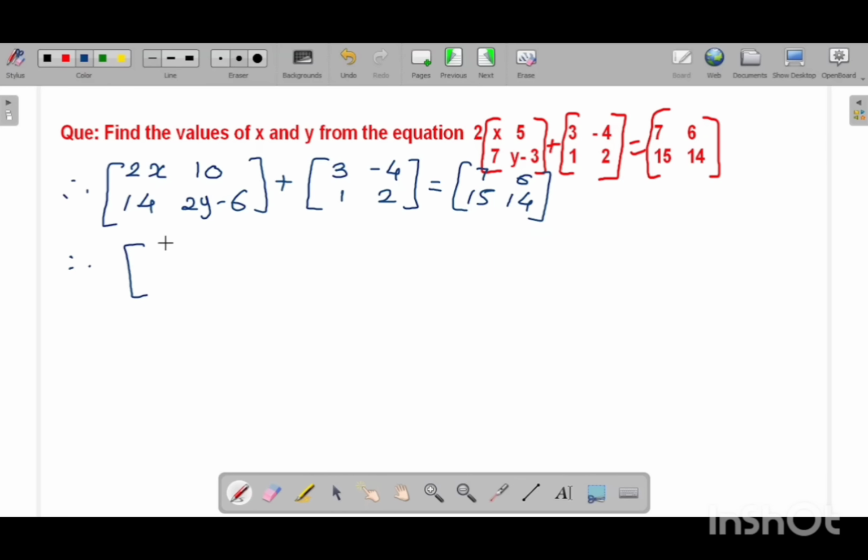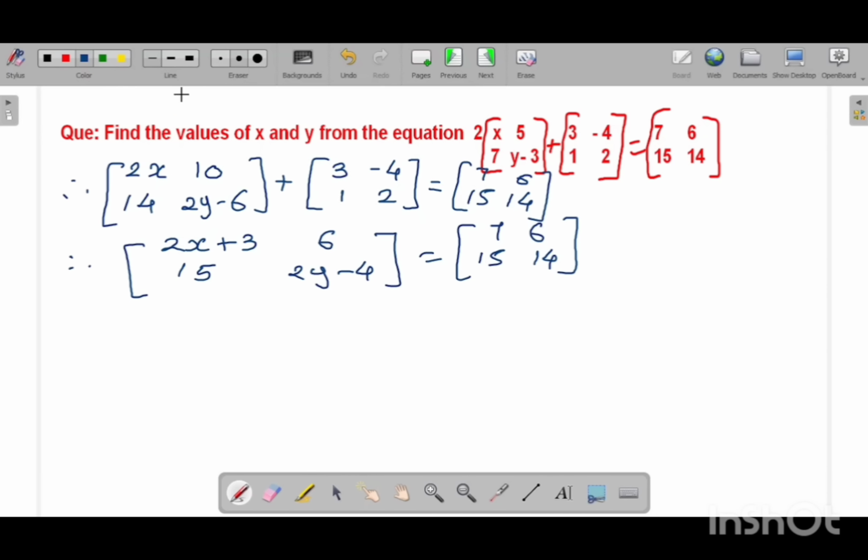So we have 2x plus 3, here 10 plus minus 4, that means 6, 14 plus 1 means 15, 2y minus 6 plus 2, that means 2y minus 4, and this equals 7, 6, 15 and 14.